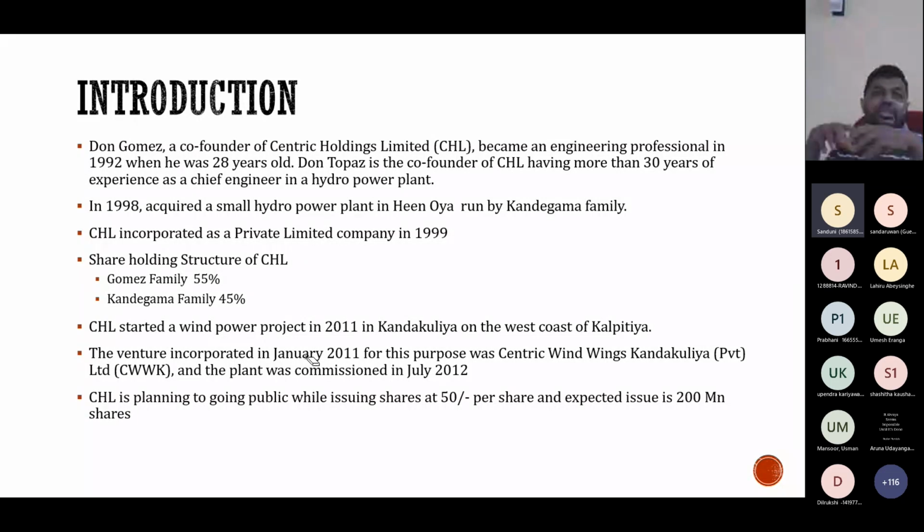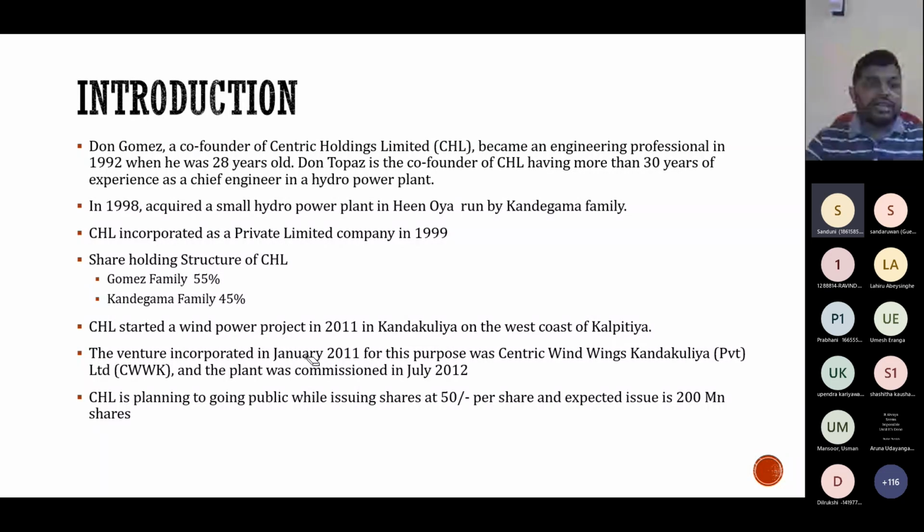Then in 1991, they acquired the Centric Holding Limited, CHL, incorporated as a private limited company. Remember, this is a private limited company. They incorporated as a private limited company in 1999.